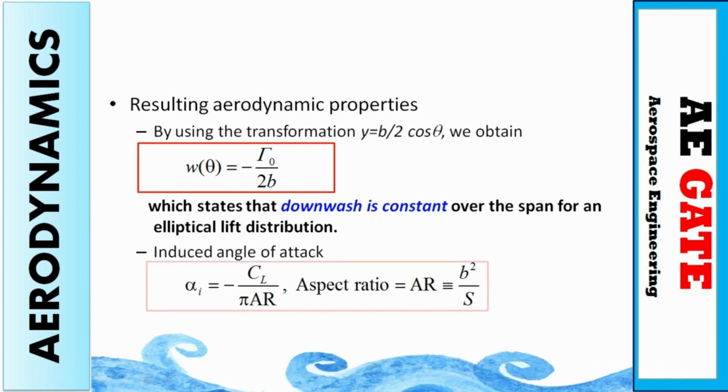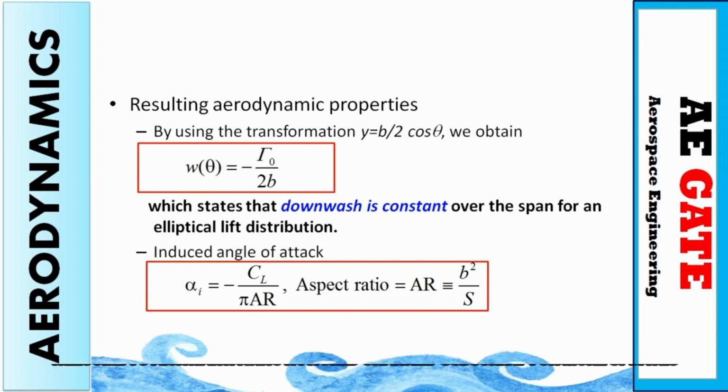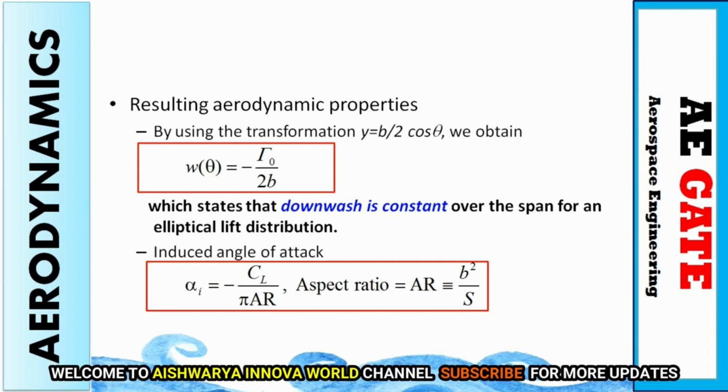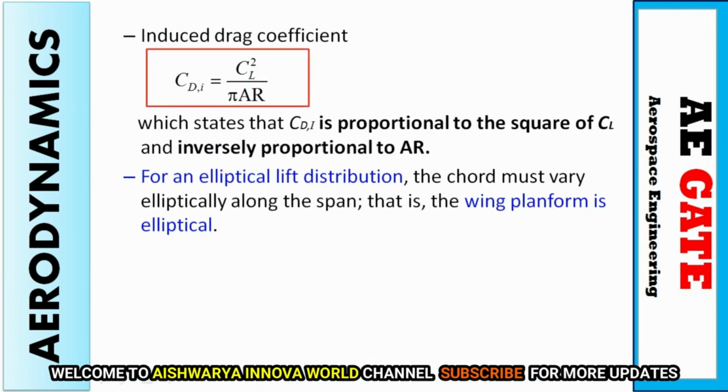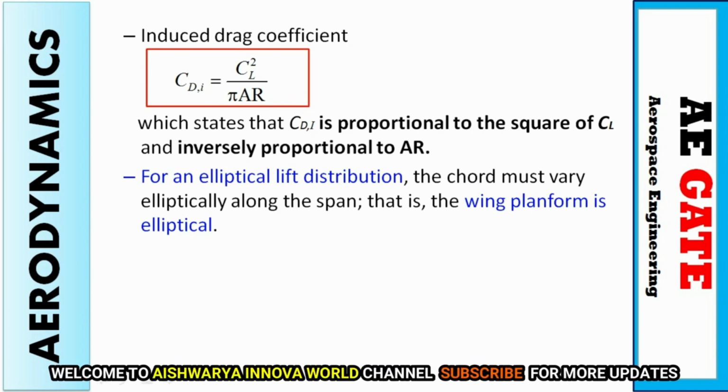But whereas we have an induced angle of attack, the formula is alpha i equals minus Cl by pi AR. What is AR? Aspect ratio, that is b square by S. Now coming to consideration of induced drag, we get CDi equals CL square by pi AR. This is a very important formula.